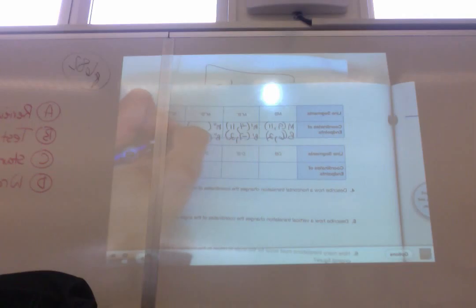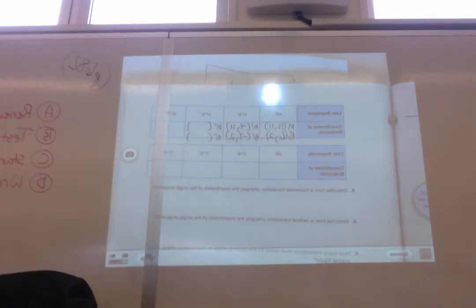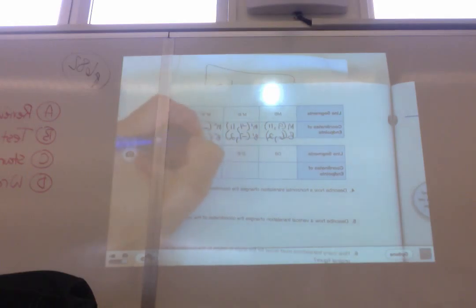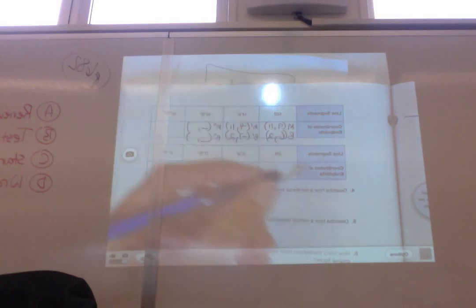Given what we just said, that when we shifted horizontally, the Y's did not change, what do we expect to happen when we shift down? The Y's are going to change, X's are going to stay the same. So that means I probably can just write in this coordinate. Let's double check.